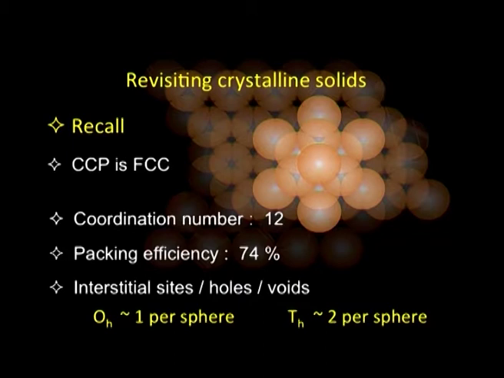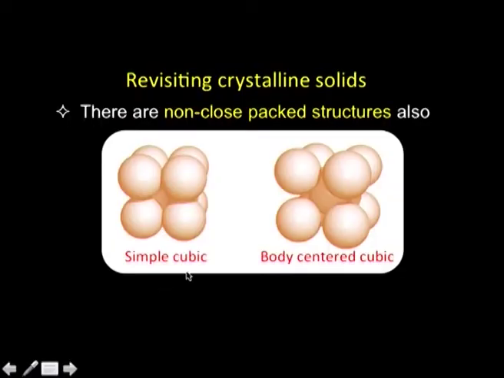Okay. Now, let us go further. In addition to these two, we also found that there are certain non-close-packed structures also. One happens to be a simple cubic one. You see that in this case, the packing is not as compact as in HCP or CCP. Another option is the body centered cubic structure.